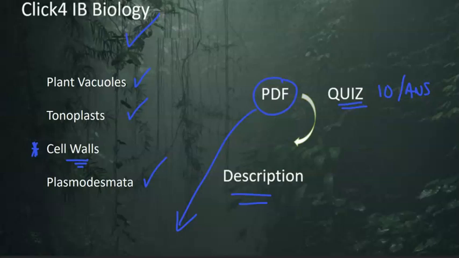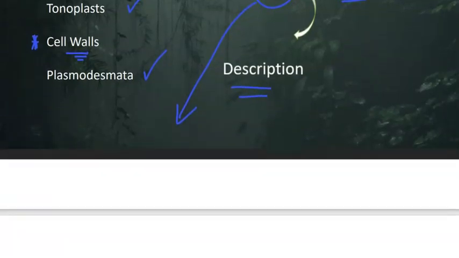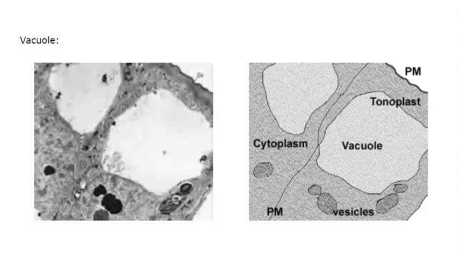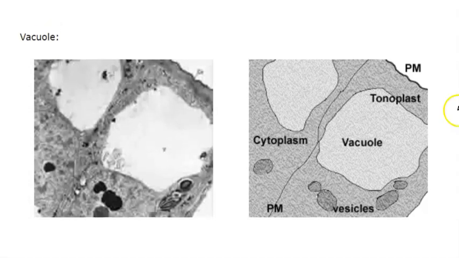So let's take a look at this structure called the vacuole. The plant vacuole occupies a large region of the cell volume, and you can see here in this image there's actually two cells shown in my drawing here. The plasma membrane would be running approximately in this region here, and a cell wall either side.